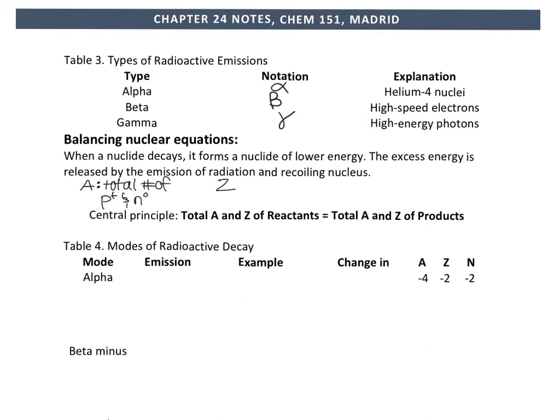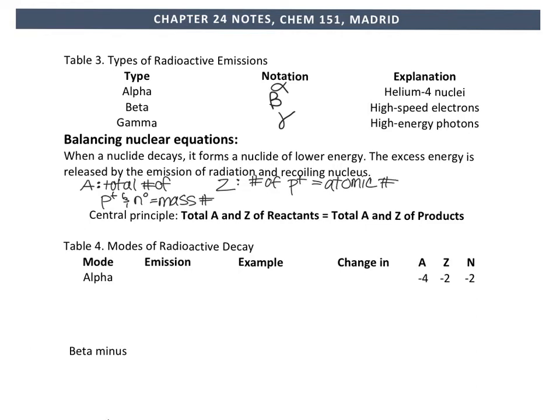It's referred to as the mass number. Z is the number of protons, and it is referred to as the atomic number because it tells you what type of atom it's referring to.